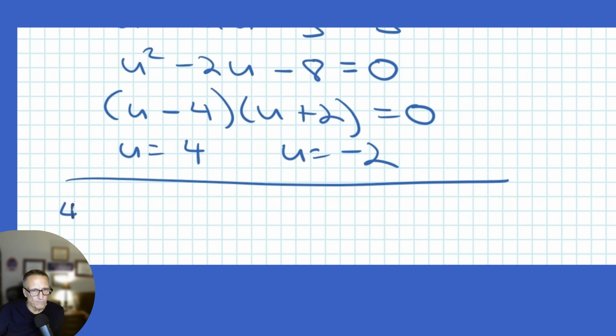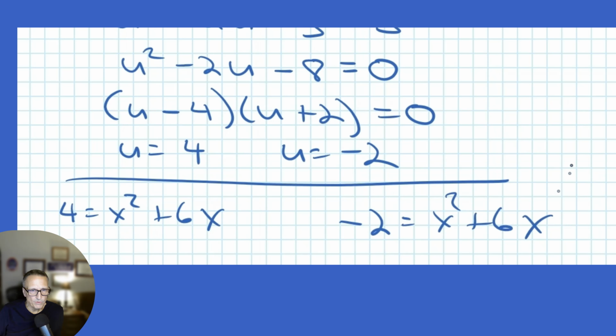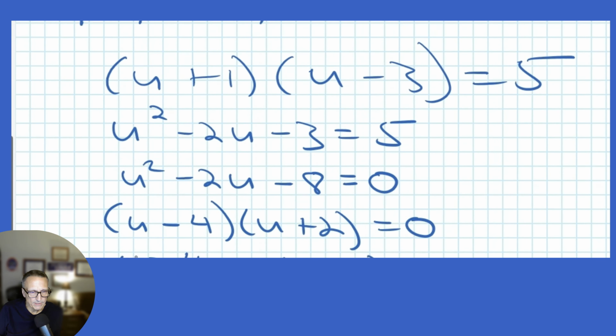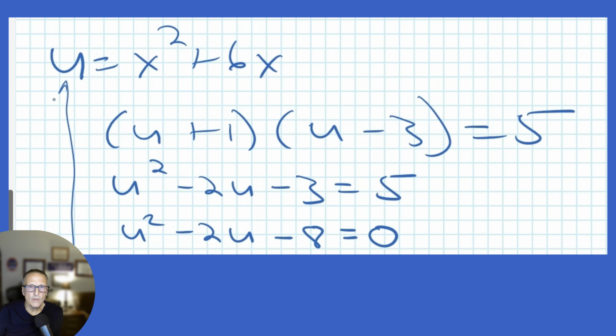So this would be 4 is equal to x squared plus 6x. This one would be negative 2 is equal to x squared plus 6x. All I'm doing is taking these values for u that I just discovered through this process of factoring this quadratic trinomial, and I'm putting them back in for u up here.